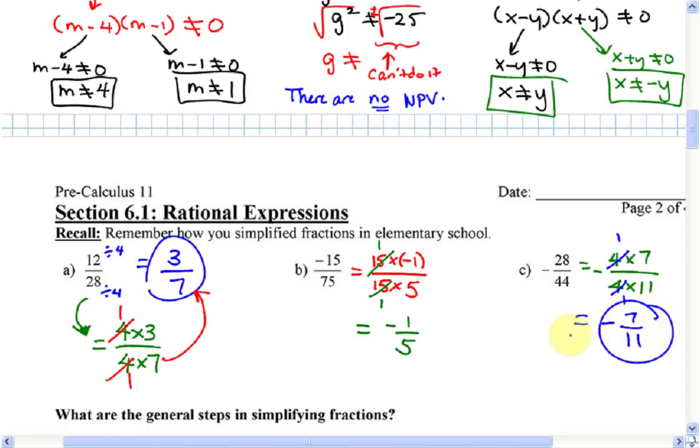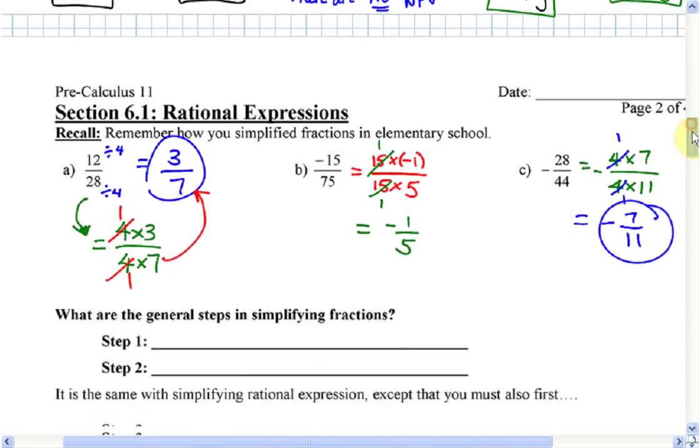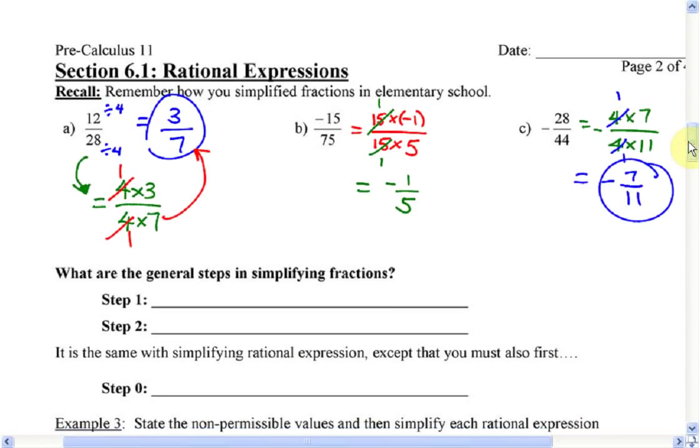Okay, why am I showing this to you? Because those are the steps involved in harder equal. That's right. These are the steps that are involved with dealing with rational expressions in grade 11. So what are the general things that we did? What did we do with step 1? Well, we try to simplify the fraction by finding a common factor.